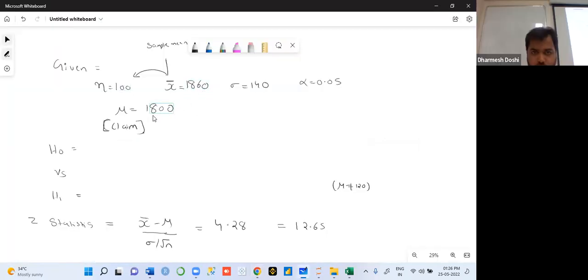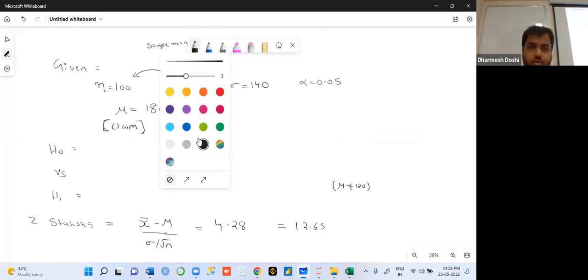1860 minus 1800 divided by 140 and divided by 10 square root. 4.28. Anisha, cross check.